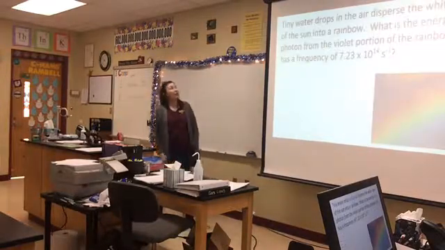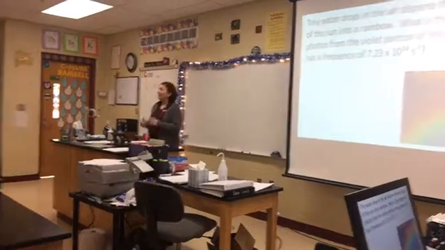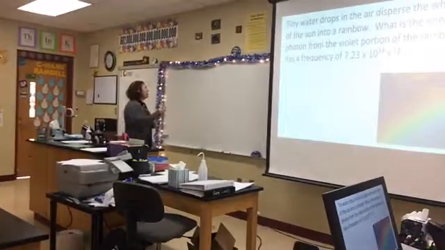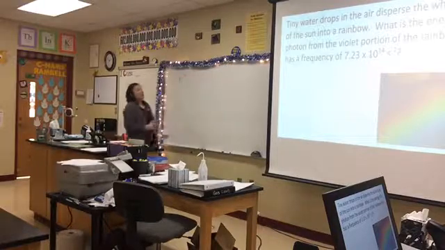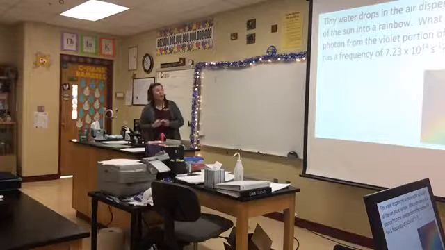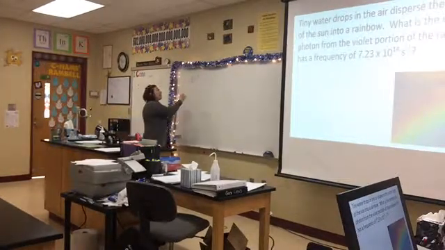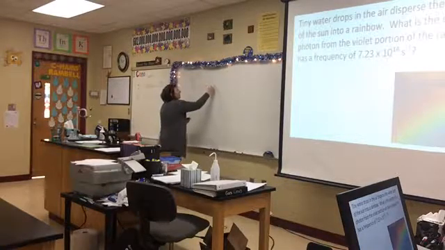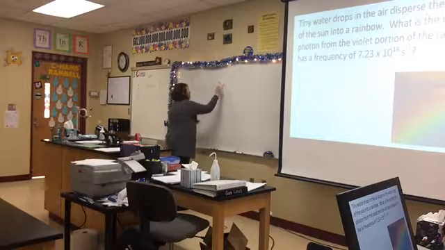Tiny water droplets in the air disperse the white light of the sun into a rainbow, a continuous spectrum. What is the energy of one photon of violet light if it has a frequency of 7.23 times 10 to the 14th hertz, or S to the minus 1?